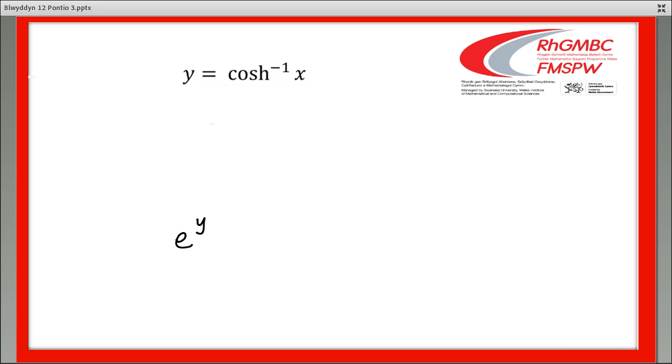e to the power of y is equal to x plus or minus, and in this case it's the square root of x squared minus 1. Now in this case, both are the solution, because if I have x squared and take the square root of it, I get back to x.